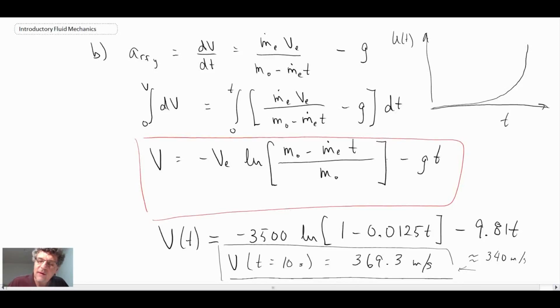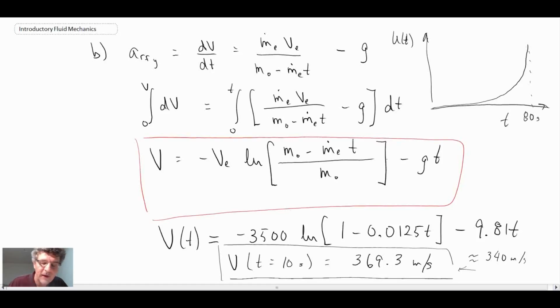So you can see it takes a while for the rocket to get going in terms of velocity, but then later on in time, by time 80 seconds, which I think is right around here somewhere, given the mass flow rate we have, I think you've depleted all of the mass of the rocket. And that's why the velocity is going very, very high there, because you don't have a lot of mass that you have to accelerate.